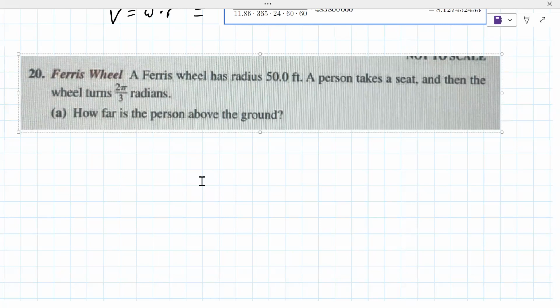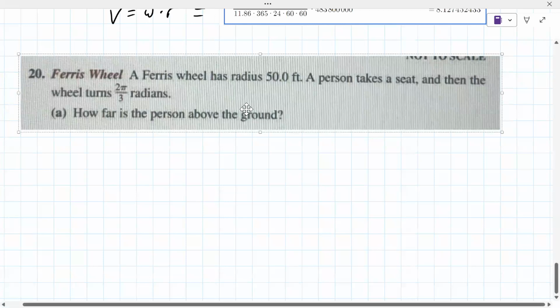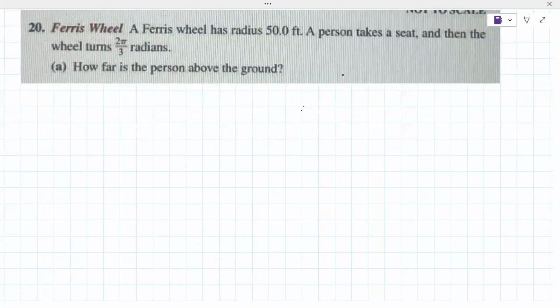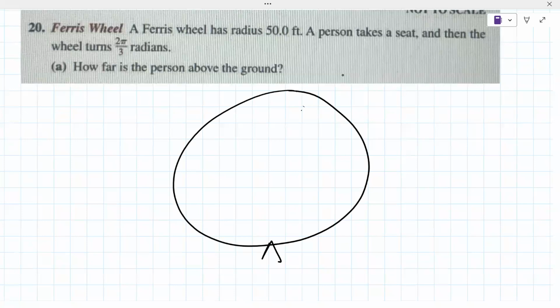And so for questions like these, should I have the unit circle memorized so I know what they mean by 2 pi over 3? It does help, but it's not necessary because you can always convert. So the Ferris wheel problem, classic problem. The person gets on the Ferris wheel down here at the bottom.